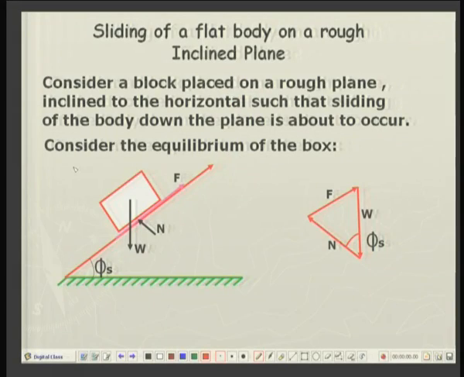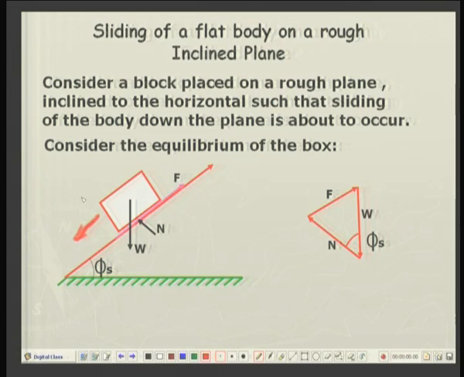Let us say one surface is wood, the other is steel, or rubber and steel, or wood and aluminum, etc. So, here is a block of weight W, lying on an inclined plane whose inclination is gradually increased, and a stage will come when the block will start sliding down.